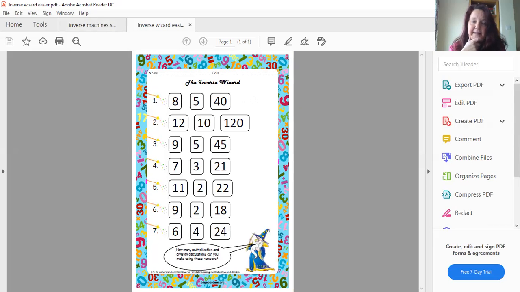Well, I know 8 times 5 is 40. So that's the first thing I would write down in my maths book. And then I'll do the inverse. 40 shared by 5 equals 8. So I'm just working backwards, doing my biggest number first. Okay, that's the next thing I would like you to do.